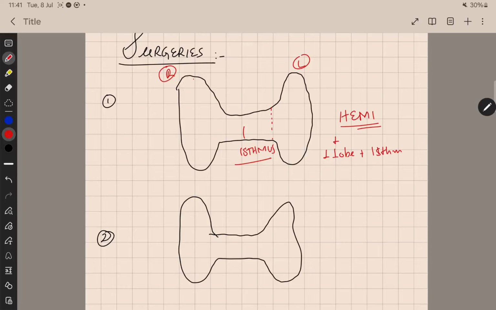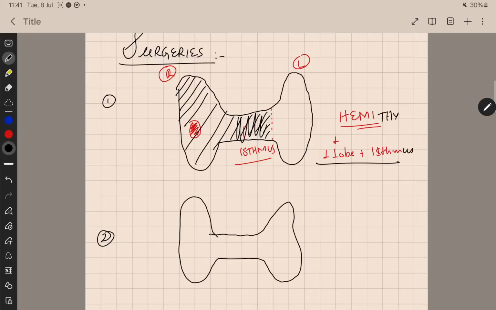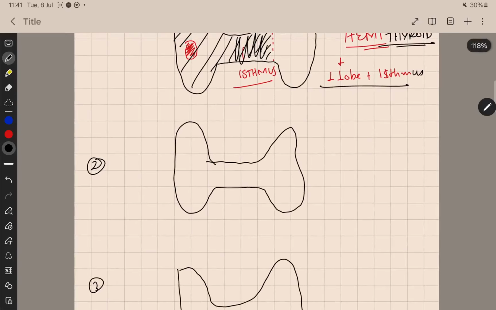Suppose there is a right-sided nodule or right-sided suspicion of malignancy. So we'll remove this right lobe as well as isthmus. So this is hemithyroidectomy. This is known as lobectomy plus isthmectomy.